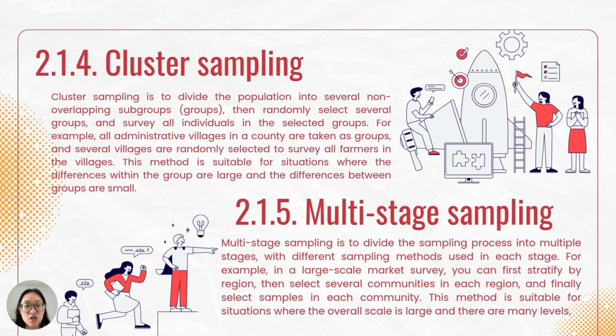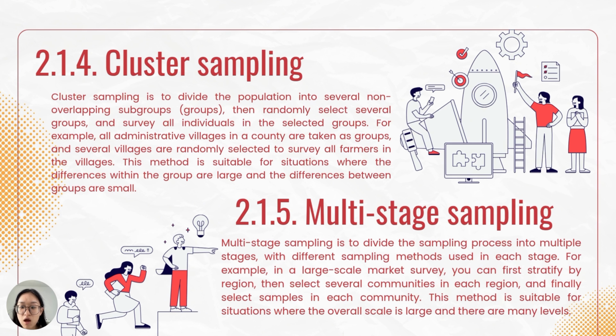And next one is cluster sampling. Cluster sampling is to divide the population into several non-overlapping subgroups or groups, and then randomly select several groups to survey all individuals in the selected groups.